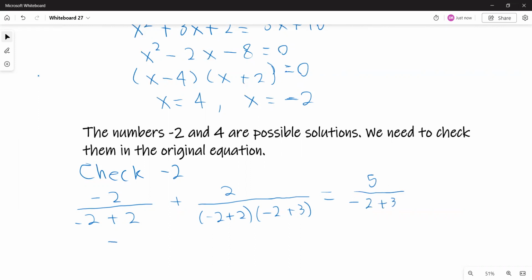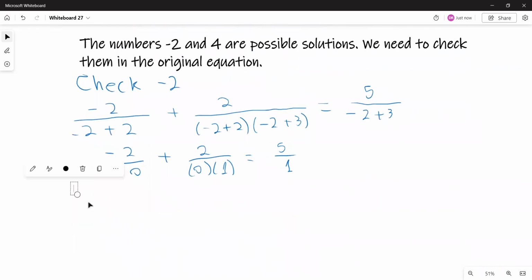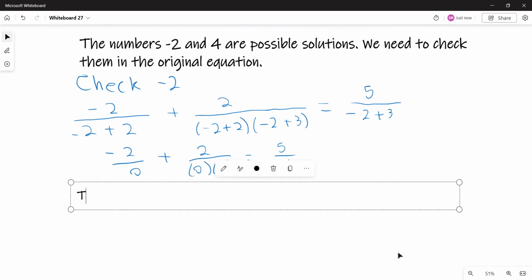The problem is that we have -2 over 0, and another 2 over 0. So this is false, because division by 0 is undefined. So -2 is not a solution.